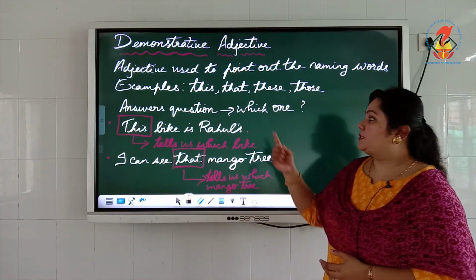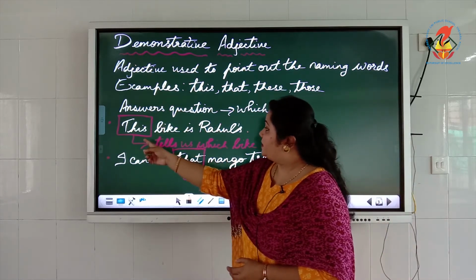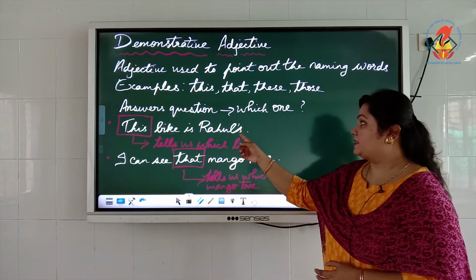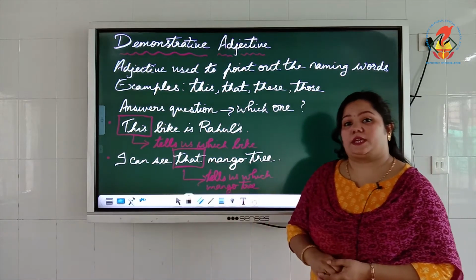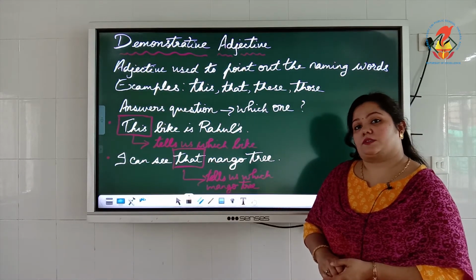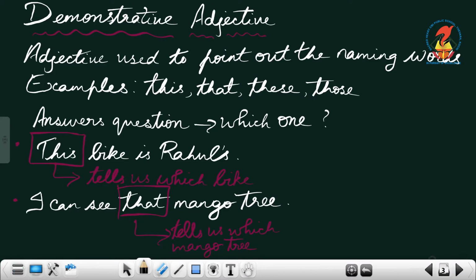Okay? Now just look at the sentences written on the board. This bike is Rahul's. Right? Somebody is pointing out the bike and saying that this bike is Rahul's. So this is a demonstrative adjective in this sentence. Okay. And what about the next one? I can see that mango tree. I can see that mango tree.